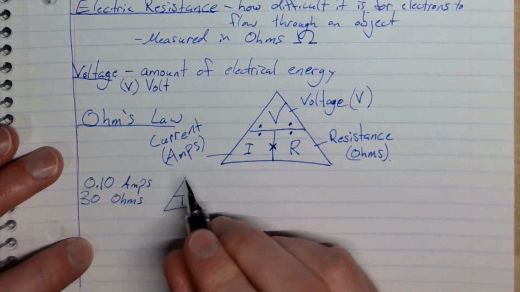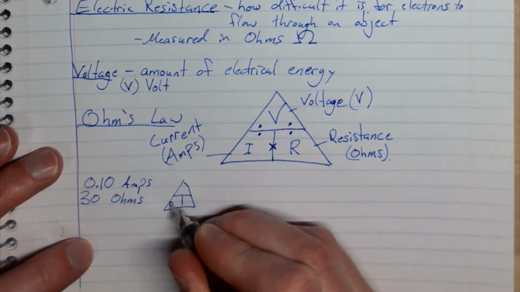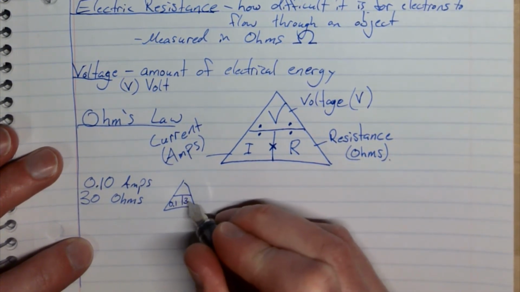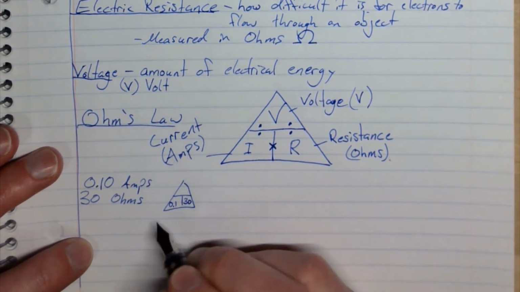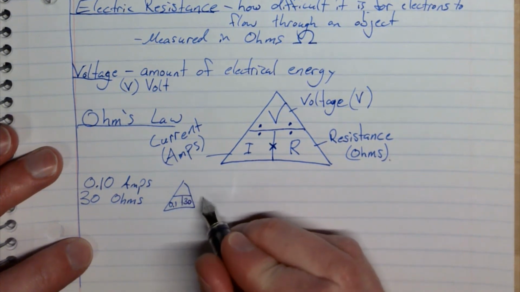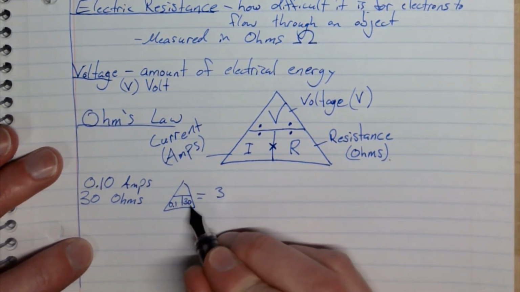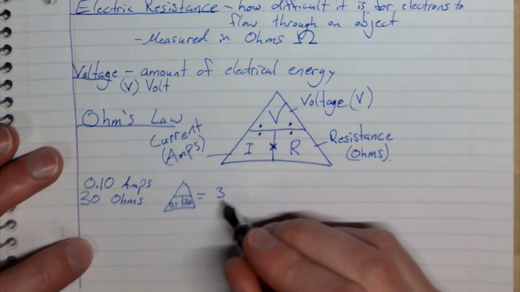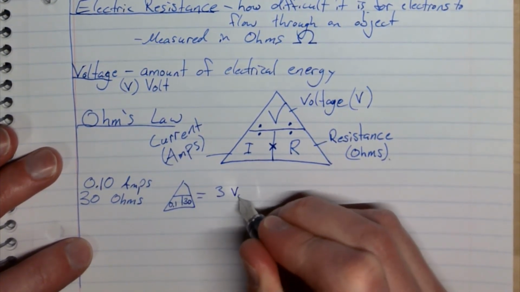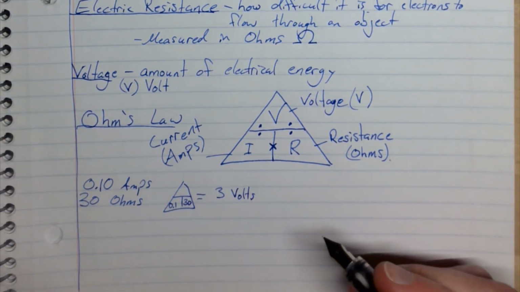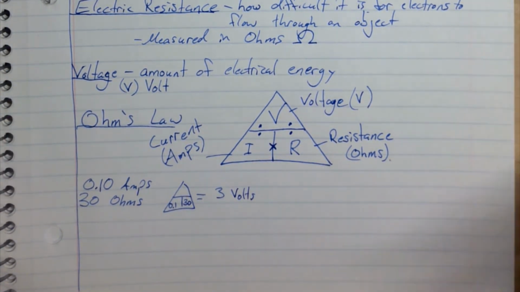So my amps would go on this bottom one, so 0.1. My 30 ohms would be on the side here. So they're next to each other, so I multiply, and so my answer is 3. Because 0.1 times 30 is 3. Well, what's my label? V for volts. So pretty straightforward. You just plug it in, just like every other one that we've done.